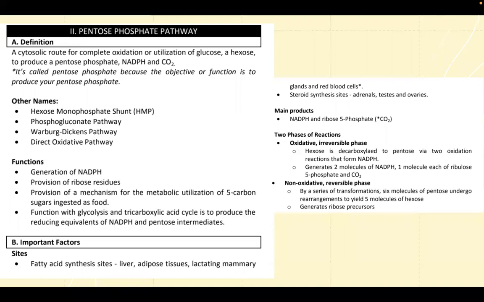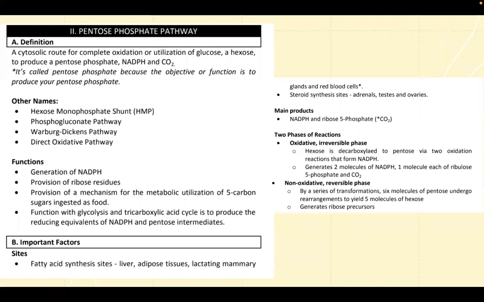So the functions of your pentose phosphate pathway: generation of your NADPH, provision of ribose residues, provision of mechanism for the metabolic utilization of 5-carbon sugars ingested as food, and lastly, it functions with glycolysis and tricarboxylic acid cycle or your TCA to produce the reducing equivalents of NADPH and pentose intermediates.